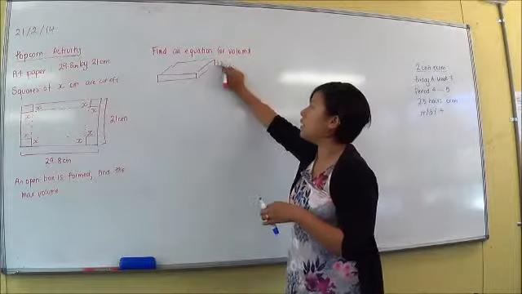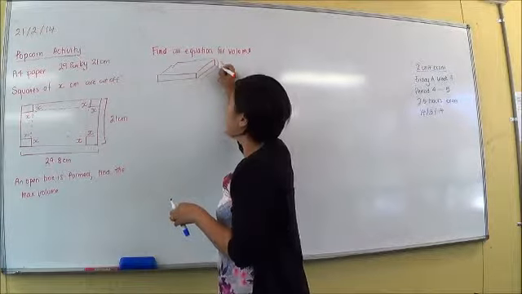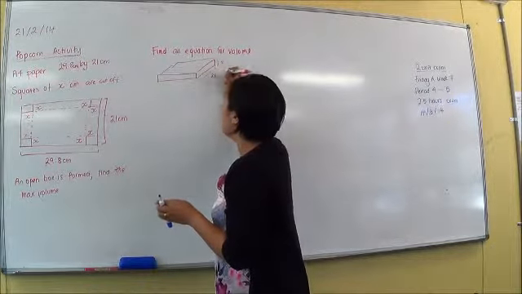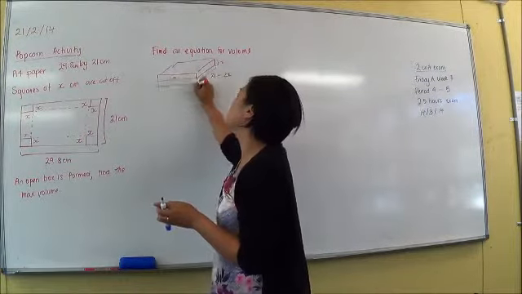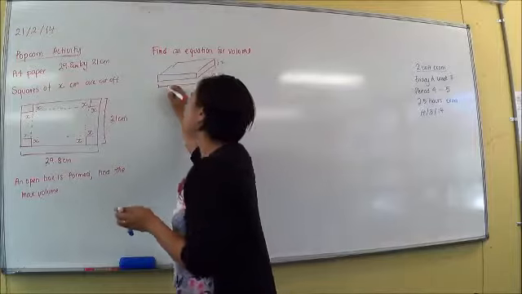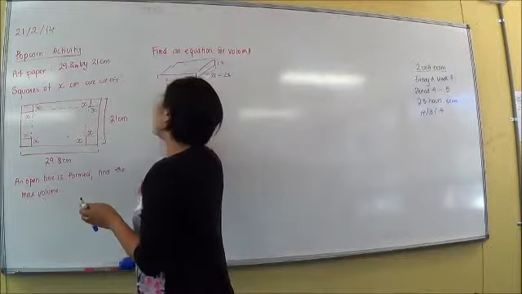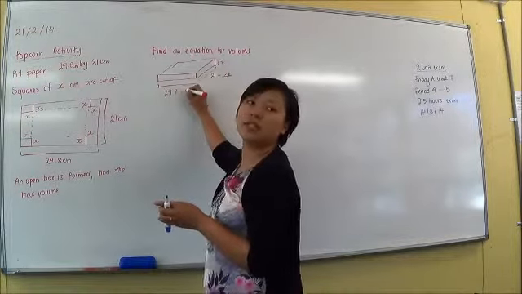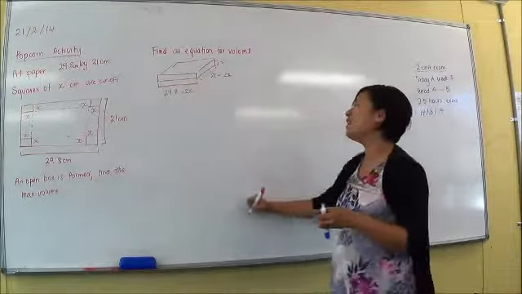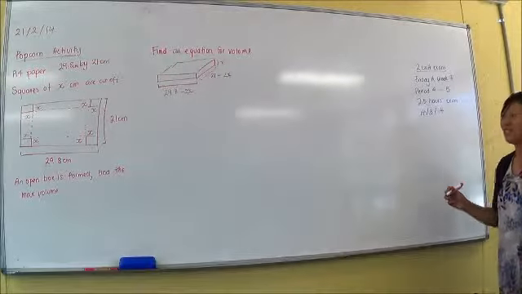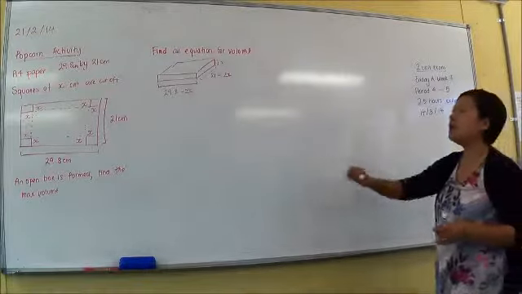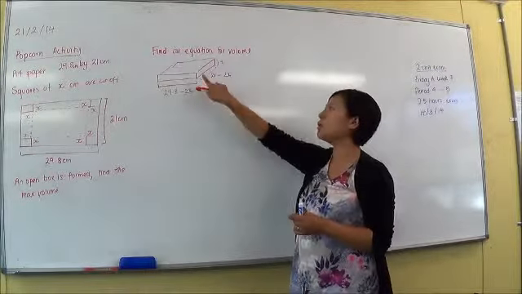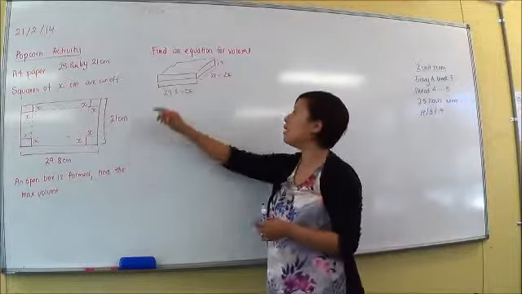What would this part be here then? 21 minus 2x. And what would this one be here then? 29.8 minus 2x. Don't round it off. I know rounding it off would make it easier to calculate, but we'll be exact. When we fold up those sides, that's our box.